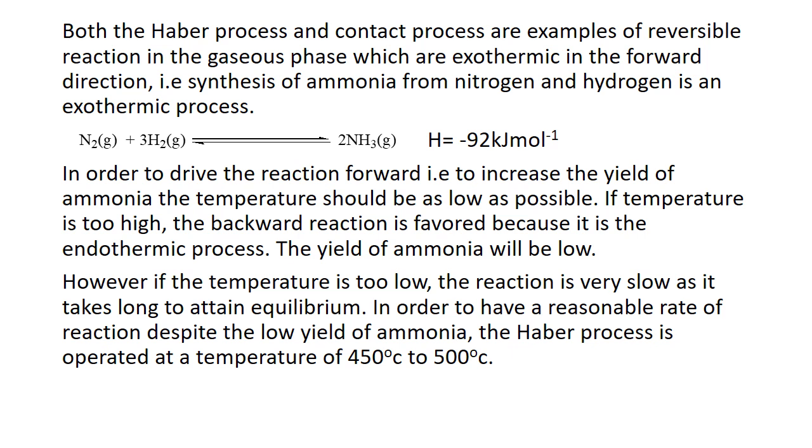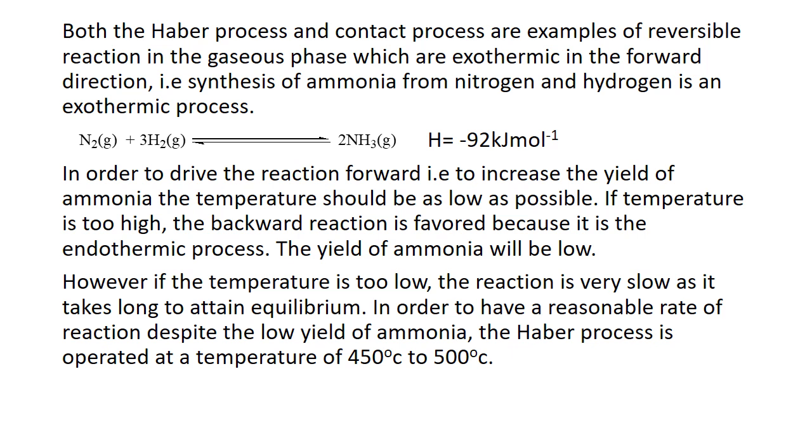For example, in the Haber process, the heat change is negative 92 kilojoules per mole. So if we need this reaction to go forward, since the reaction is releasing heat, we need low temperatures. When we increase the temperature, we shall be favoring the backward reaction.